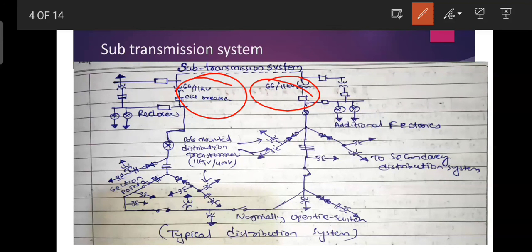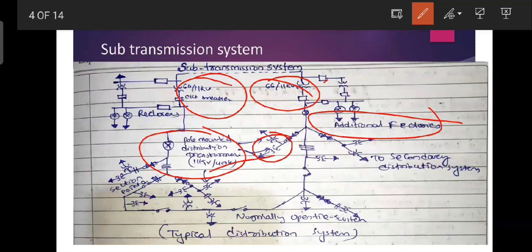Here is also 66 kV to 11 kV, and there is an interconnection pole. There is a pole-mounted distribution transformer from 11 kV to 400 volt. It is a step-down transformer. Okay, and there is an additional factory for other purposes.